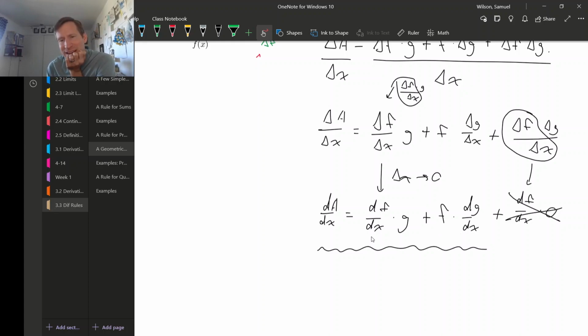So now that we think we know where we're headed, we have some guess of what the product rule ought to be. We can use this guess to work backwards and fill in the gaps in our limit calculation. So this delta f over delta x is really coming from a limit, which would look like f of x plus h minus f of x over h, and that's all times g.